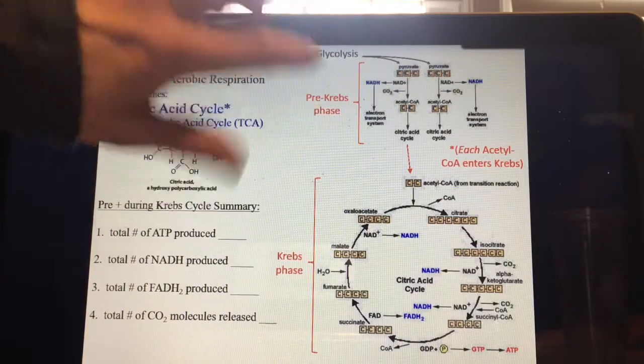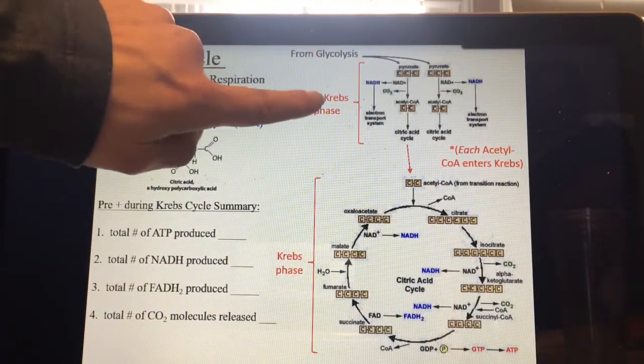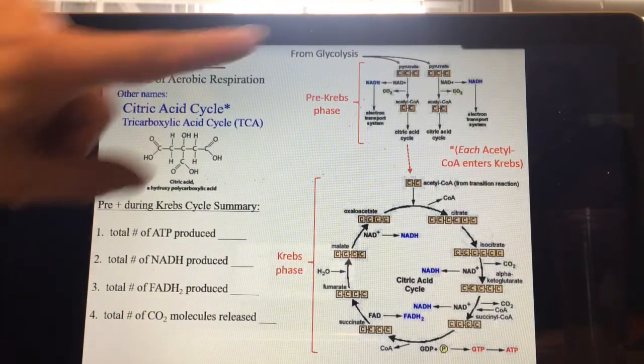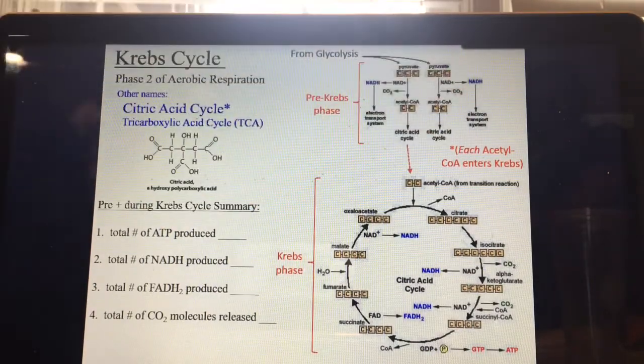So this first set of reactions up at the top of this diagram show you what most textbooks will call the transition reactions. And when we are going to be summarizing all of the totals of the molecules produced during the Krebs cycle, we're going to include the numbers from the transition reactions.